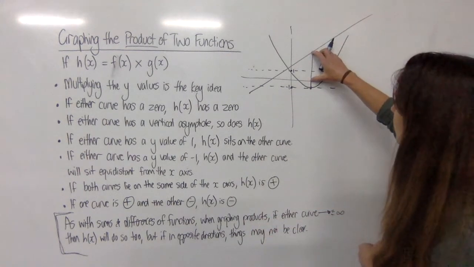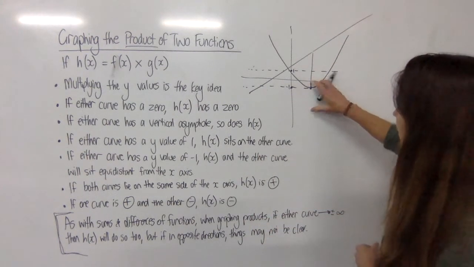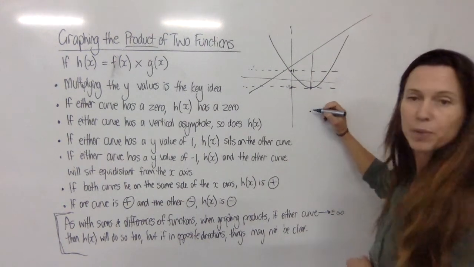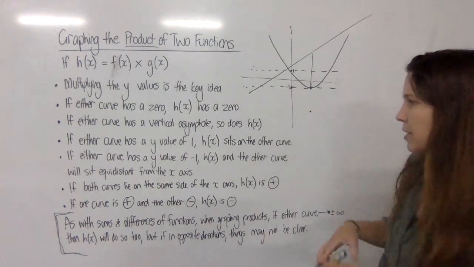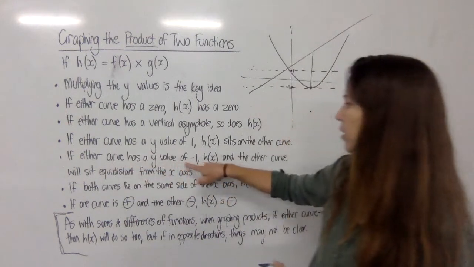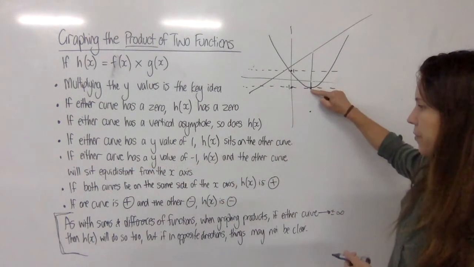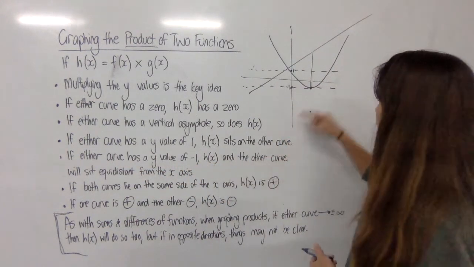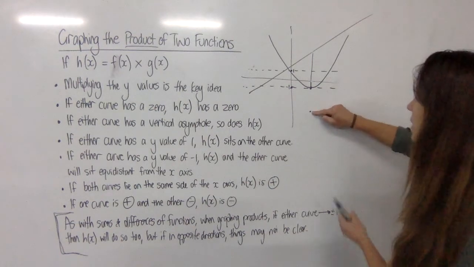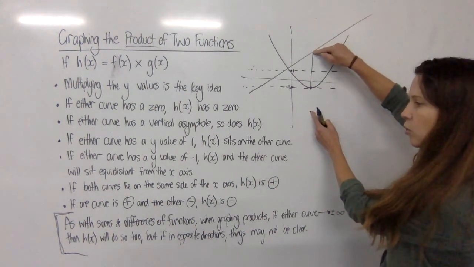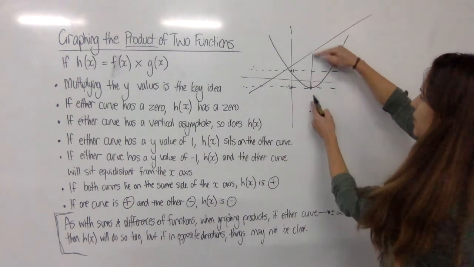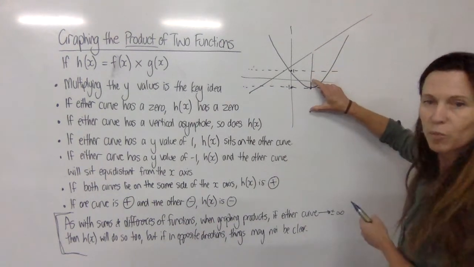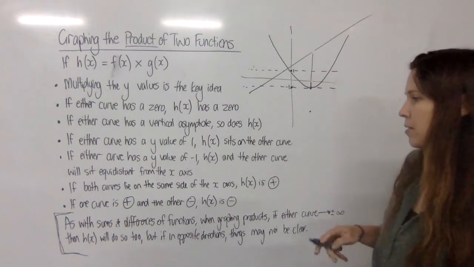So this distance of 4 is what we'd see, but down here, and our new curve would go through this point. So that's what I mean by saying if either curve has a y value of negative 1, which this one did, then h of x down here and the other curve up here will sit equidistant from the x-axis. That distance and that distance will be the same. That sort of makes sense.